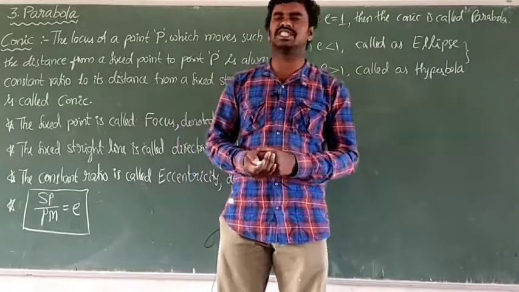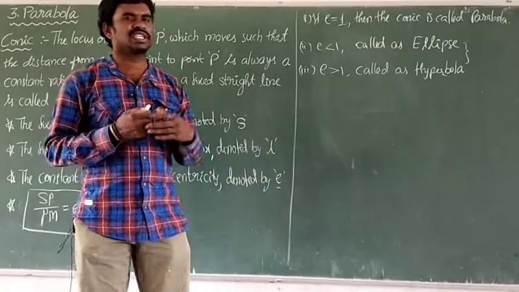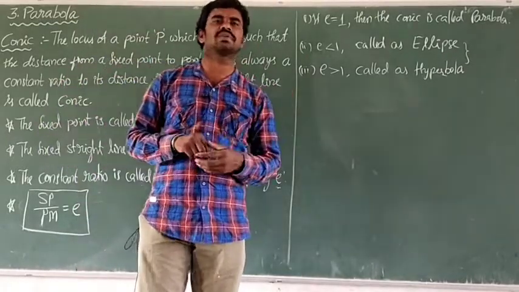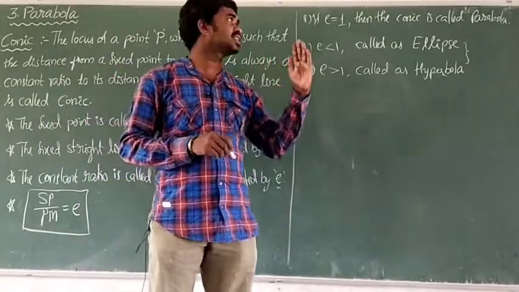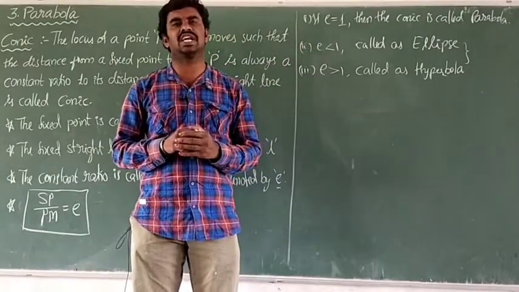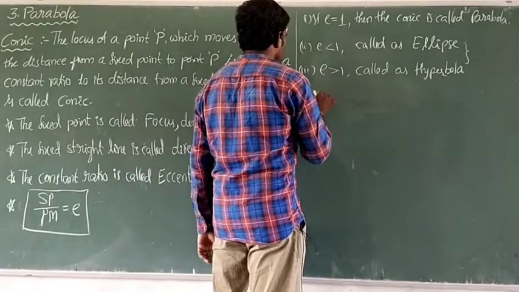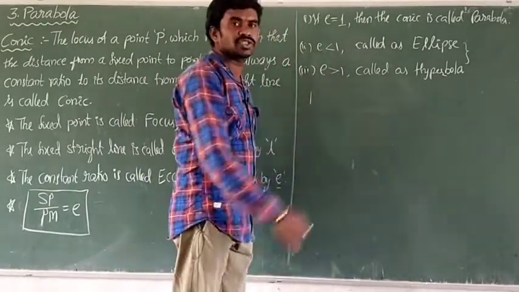In mathematics, for every topic like circles, there is a general equation, like x square plus y square plus 2gx and so on. Like that, the parabola also has a general equation. Please note down. Now onwards we are going to know about parabola.